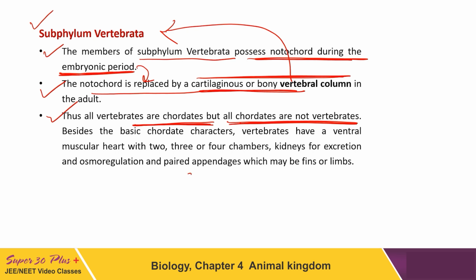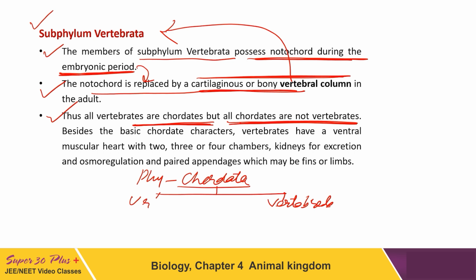What are vertebrates? These are the chordates. Tell me children, this is phylum Chordata. Phylum Chordata is having Vertebrata, right? It is having what? Urochordata. It is having what? Cephalochordata. Both of them have notochord present. Notochord is present in all, but here, notochord is replaced by vertebral column.